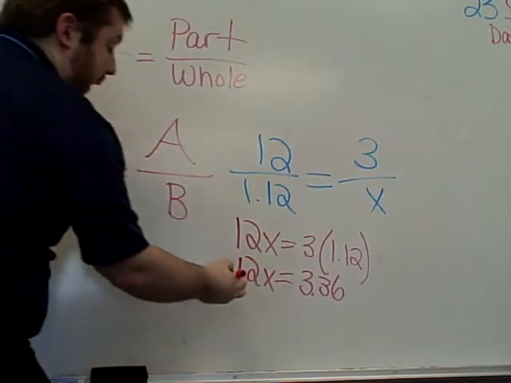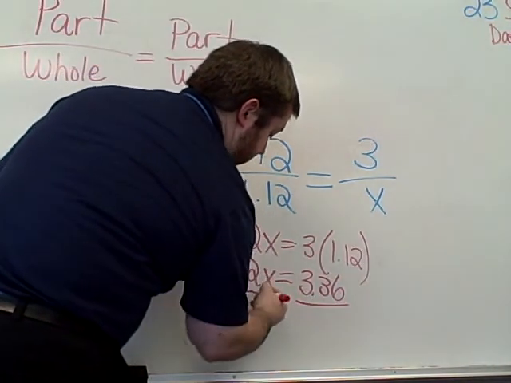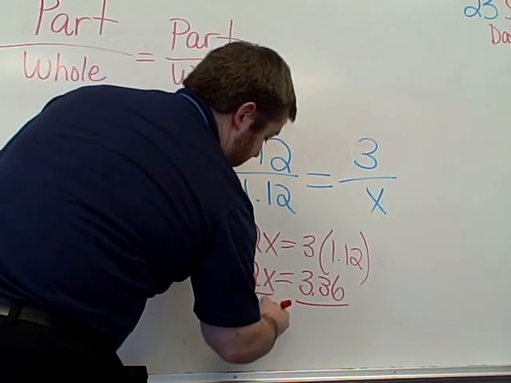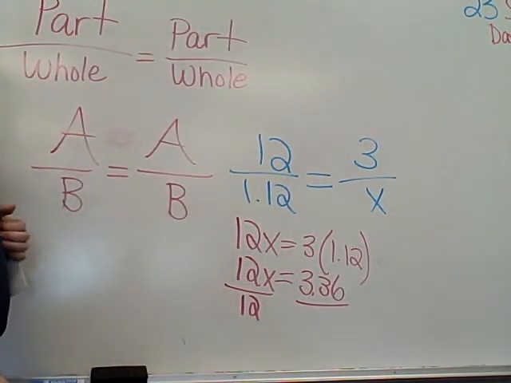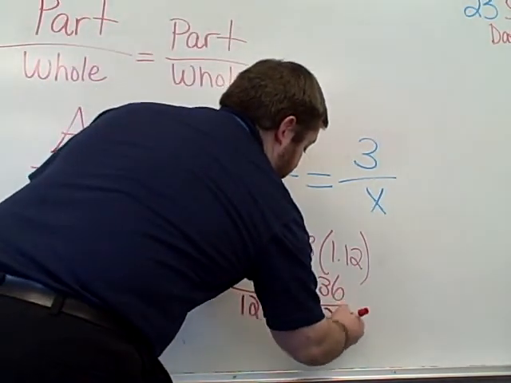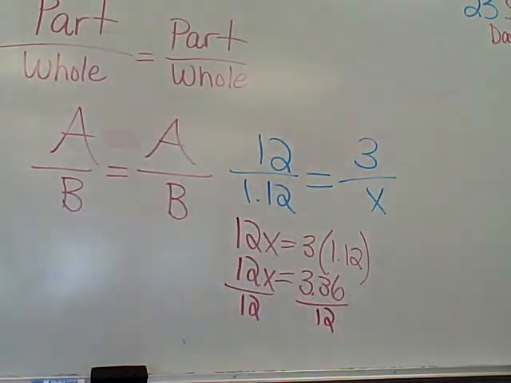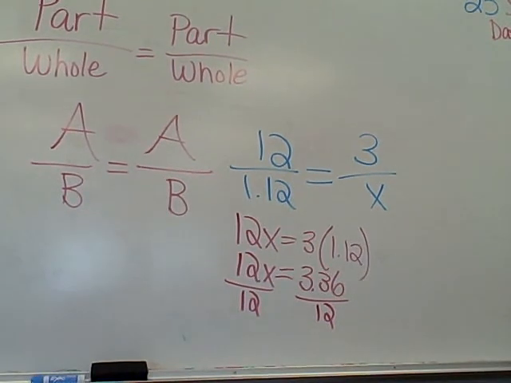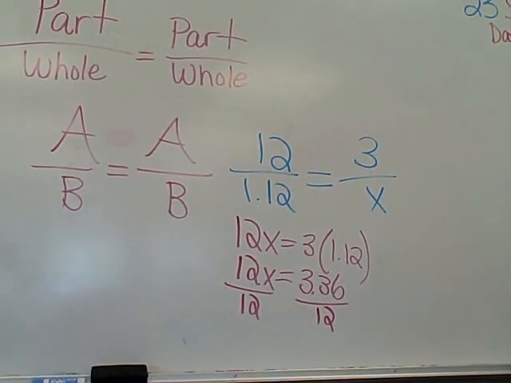So I'm going to divide both sides by 12. 3.36 divided by 12, because we're running out of time, is 28 cents. x equals 0.28. How much do 3 eggs cost? 28 cents. Wonderful. Line up for health.